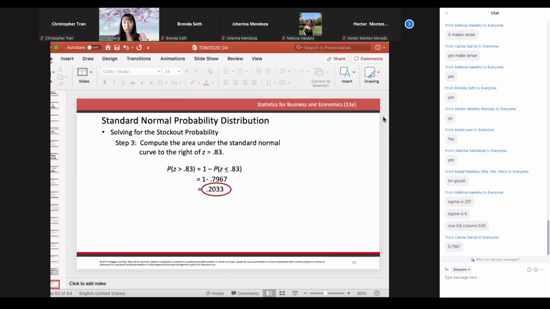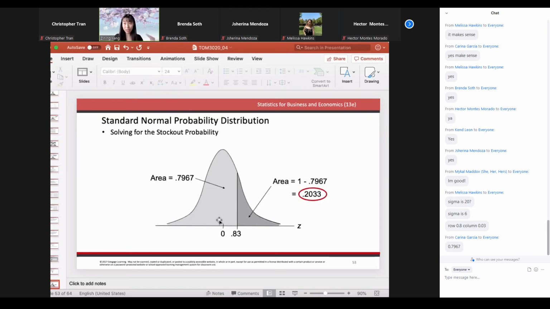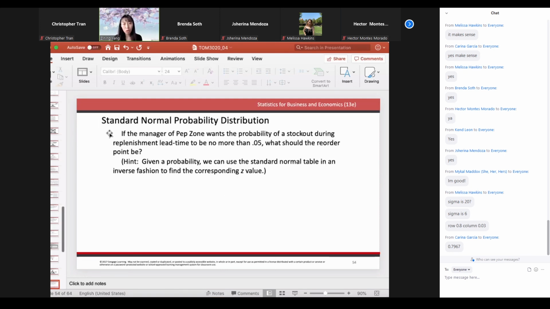As the manager realized, this is exactly what we were showing, right? Area 0.7967 on the left-hand side, then subtract that from one, 0.2033. So when the manager realized this situation, he wanted to reduce the stock-out risk from 20% to only 5%.